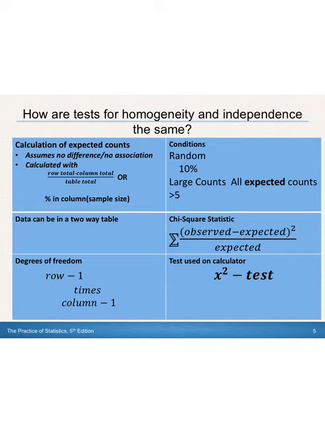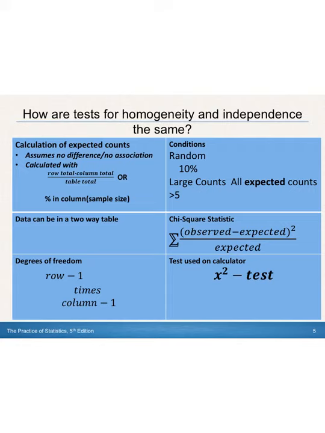How are tests for homogeneity and independence the same? For both homogeneity and independence, you're assuming there is no difference or no association. So you're going to calculate the expected counts exactly the same way. Either the way the book talks about it, row total times column total divided by table total, or percent in the column times the sample size.